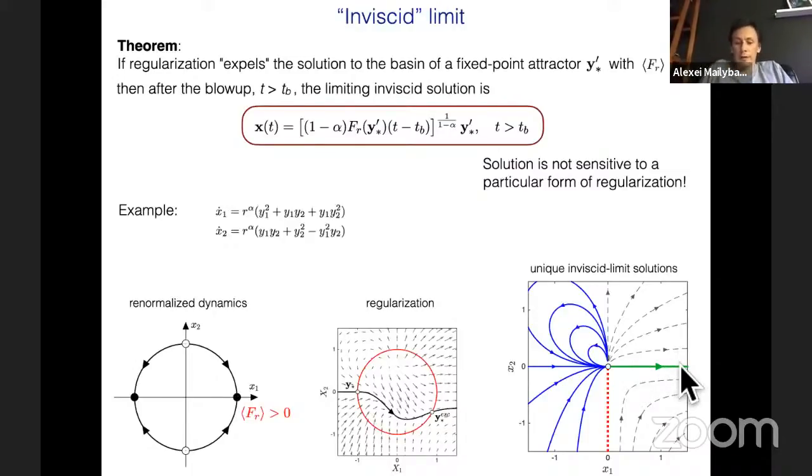So in summary, this example has just two options. There are two possible options for how it can behave after the blow up. It's not just two possible options, but rather two robust options. So in principle, you can cook up a regularization which will choose some other trajectories as well, but it will be a very, very specific regularization.